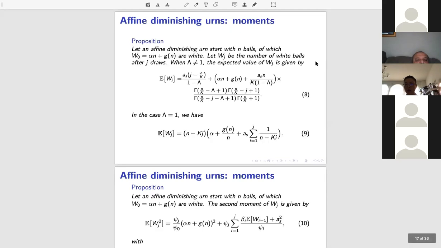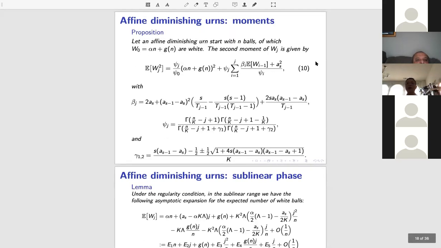After our definition of the Erg index, our first step in analyzing this class is to obtain the expectation and the second moment for W_j, which is the number of white balls after j draws.